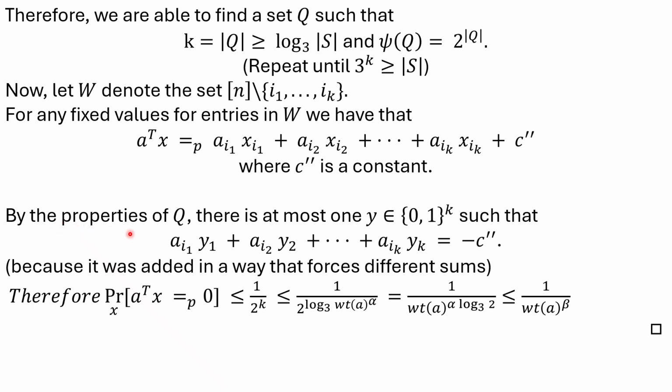By the properties of Q, there is at most one Y such that AI1 Y1 until AIk Yk is equal to minus C. Why is this true? Because it was added in a way that forces different sums. Therefore, the probability that A transpose X equals 0 is less than this here. We're going to prove this later in the slide.